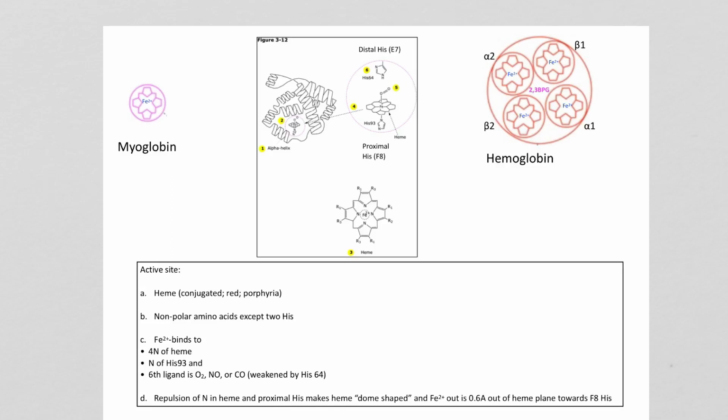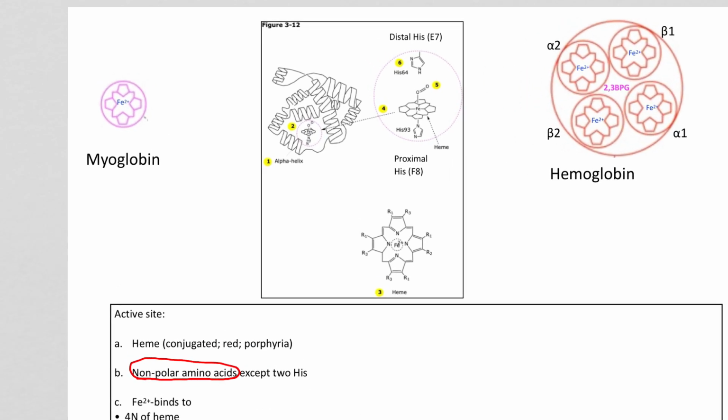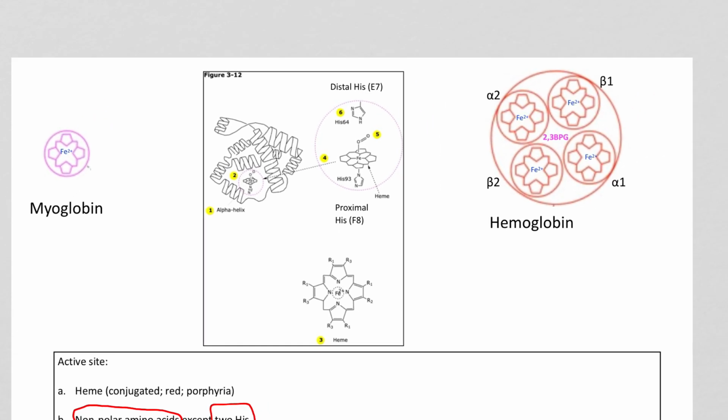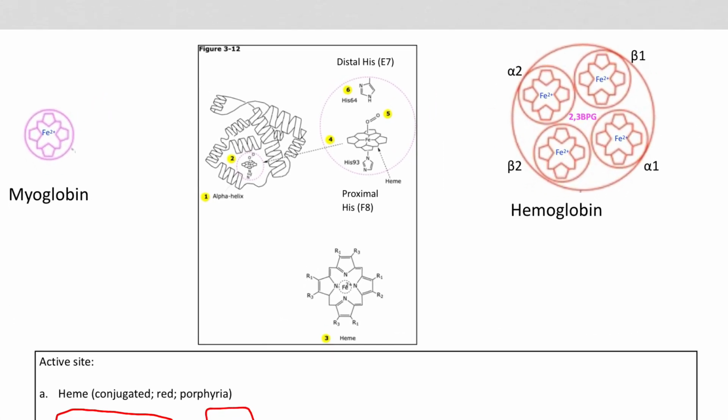The active site is mostly hydrophobic. It is rich in non-polar amino acids, except for two polar histidines, which are also found at the active site. One is histidine 64, and the other is histidine 93.